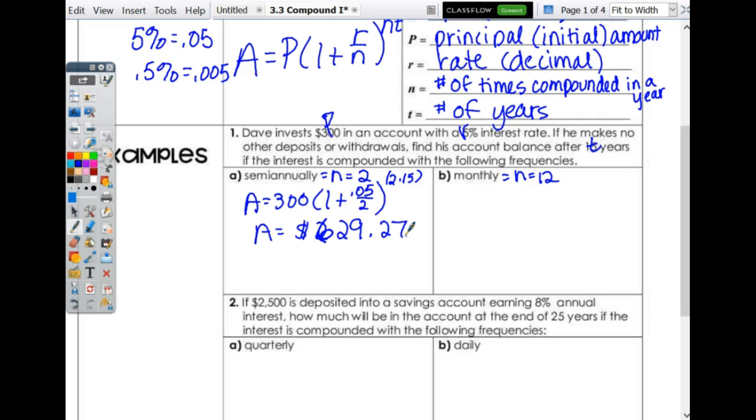Always 2, because it's dollars and cents. Okay, the second one. Okay, so I got 634.11.